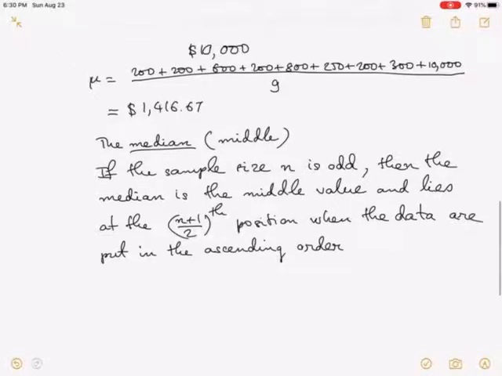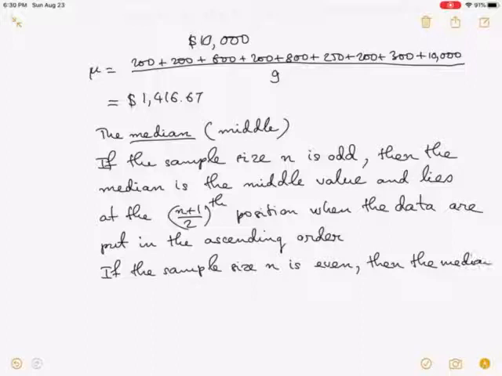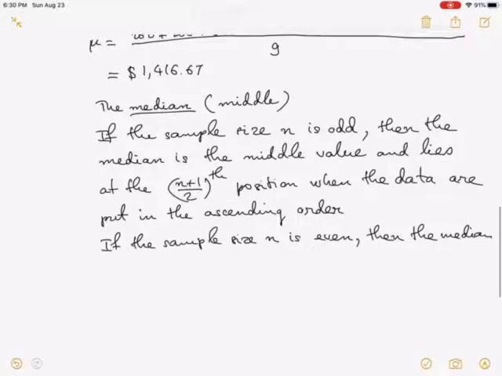If the sample size n is even, then the median is the mean of the 2 middle data values.